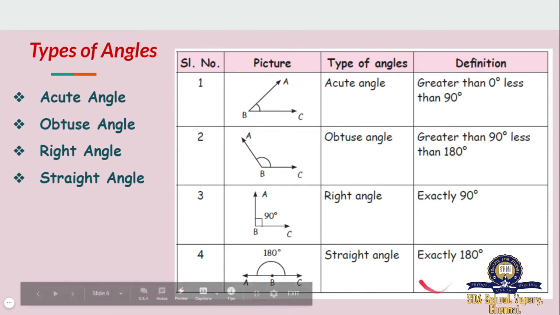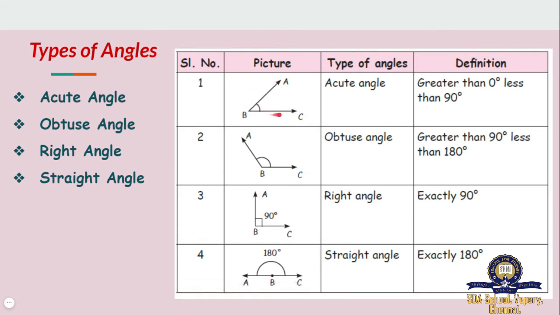So first one is acute angle. Acute angle will be like a small V. The definition is greater than 0 degree and less than 90 degree. The number greater than 0 is 1 and the number less than 90 is 89.